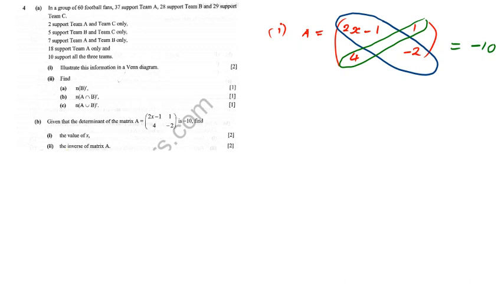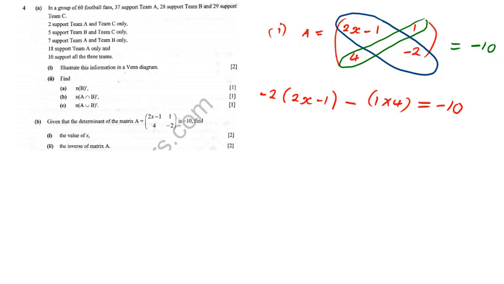We multiply negative 2 times 2x minus 1, minus 1 times 4, like that, is equal to negative 10. So I have just multiplied those which are in the major diagonal, minus I multiply those which are in the minor diagonal.